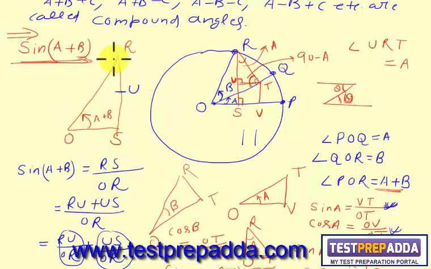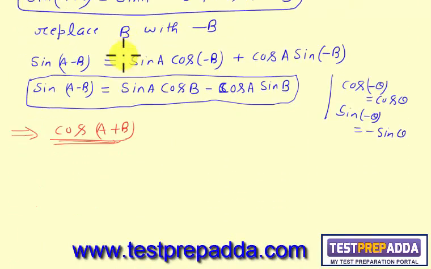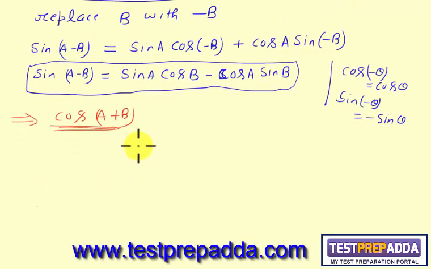If I take this triangle, cos A plus B will be what? OS upon OR. So this will be equal to OS upon OR.